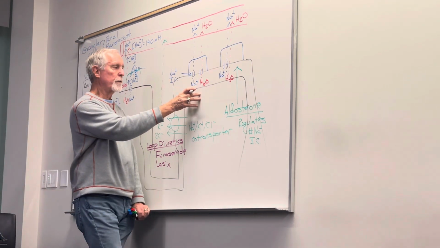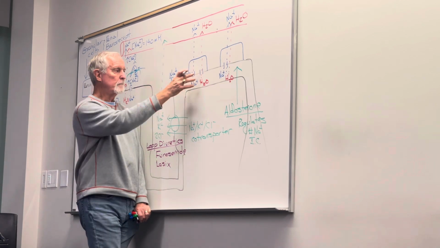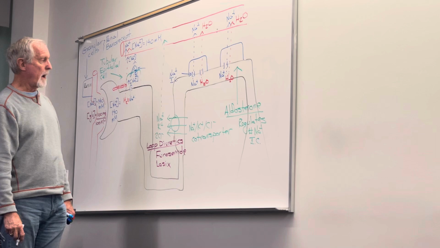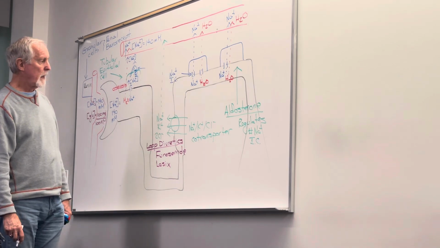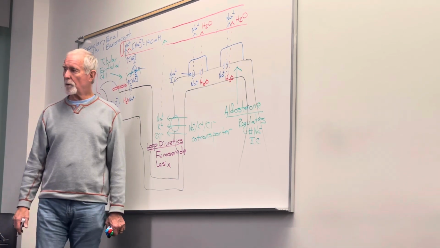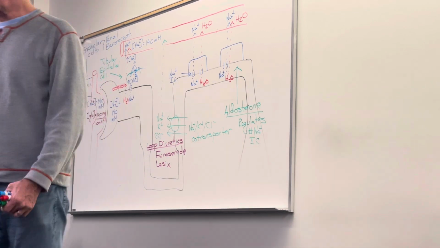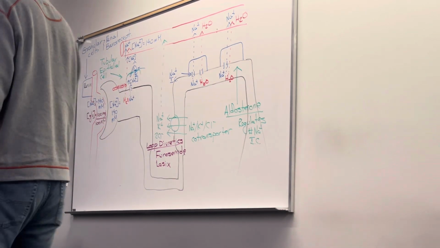Up here in this region of the proximal tubule, there's another class of diuretics that can be used. And again, a very, very powerful type of diuretic that belongs to a category of diuretics known as thiazides.